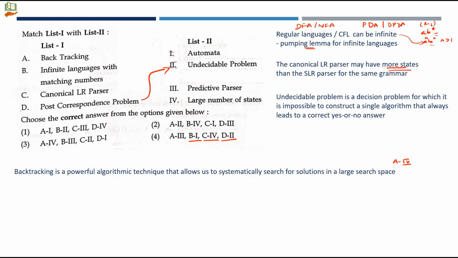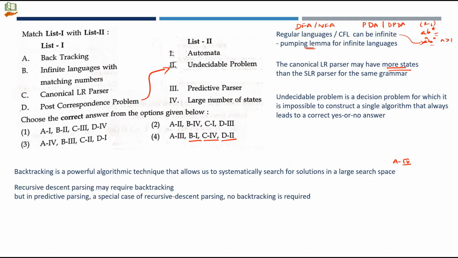With regard to this unit, recursive descent parsing may require backtracking. There is an option to backtrack, but in predictive parsing, which is actually a case of recursive descent parsing, no backtracking is required. In fact, predictive parsing is explained with the idea of avoiding backtracking. The parser which said I don't want backtracking is the parser that they have given in the option.